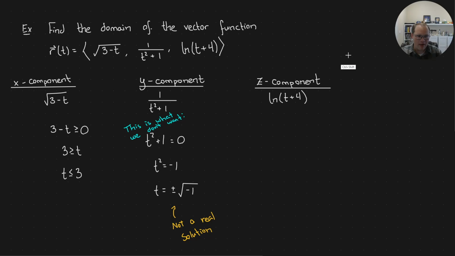If you remember the graph of a natural log function, it looks something like this. We have an asymptote on the y-axis, and then it looks kind of like this. All right? Any positive number I can plug in, no problem.